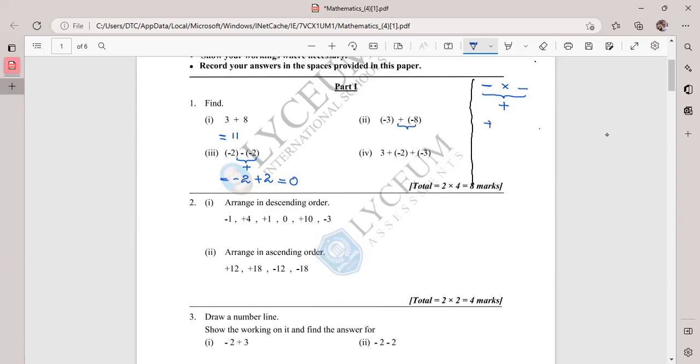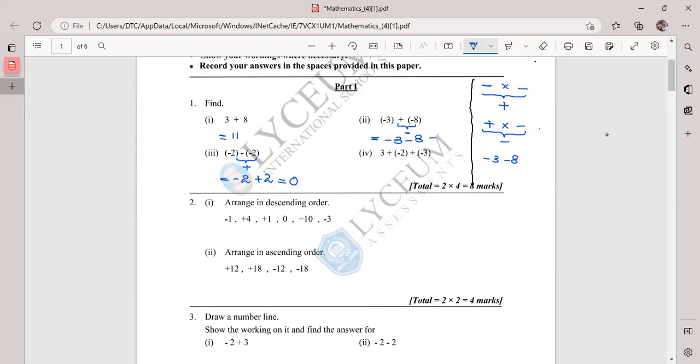When you multiply a positive by a negative, what will happen? You will get a negative answer, so here it is negative. Then I will rewrite the question, -3, -8. Now what should you do, children? What should be the answer?